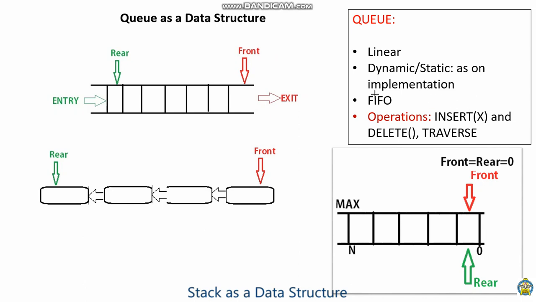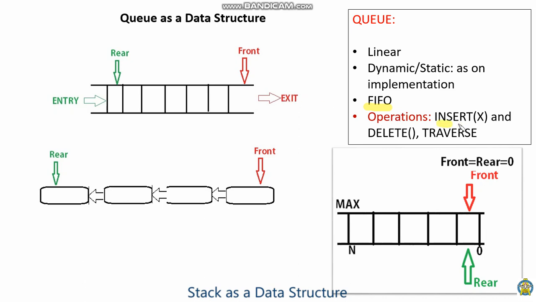So if you look at some characteristics of the queue, of course, it's a linear data item. It can be static or dynamic as implemented. Static using an array, dynamic using a linked list representation. Items are organized here based on the first in, first out principle. That means the item that comes in first moves out first.